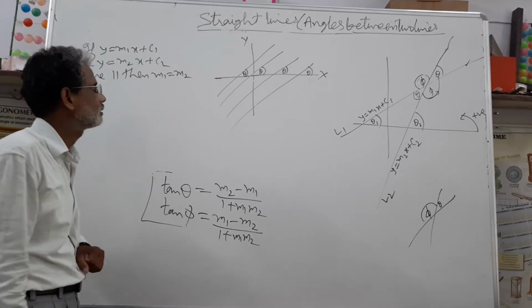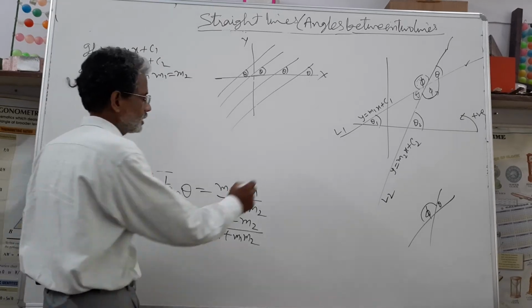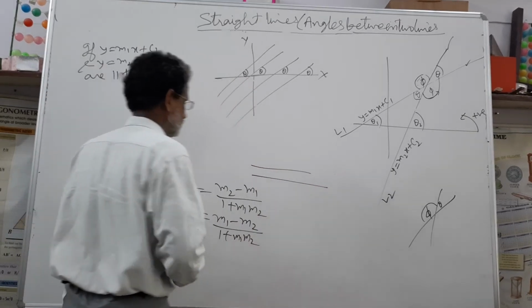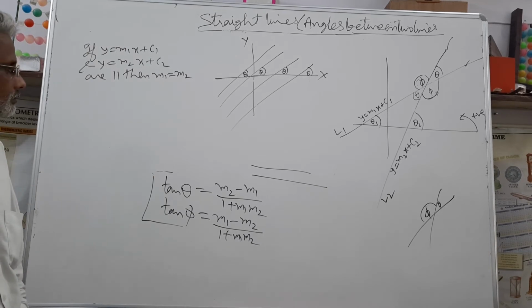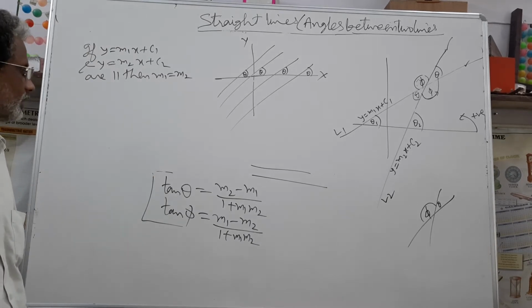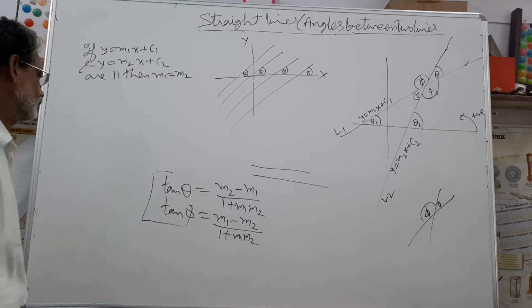In another way, the angle between two parallel lines is 0.